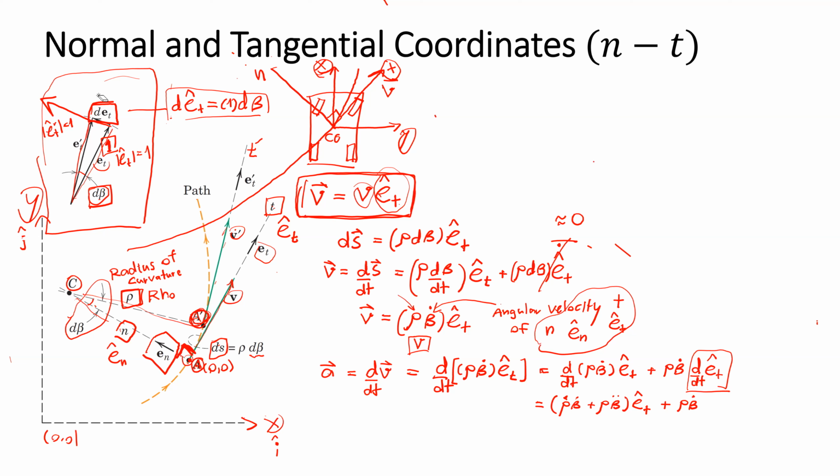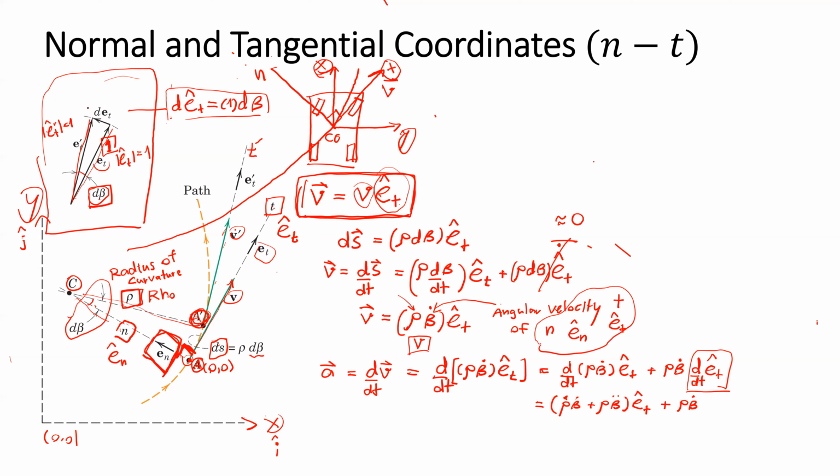You see this? The direction of the n is going to this direction, and the change in the direction of the tangential unit vector is assumed to be in the direction of the normal direction.